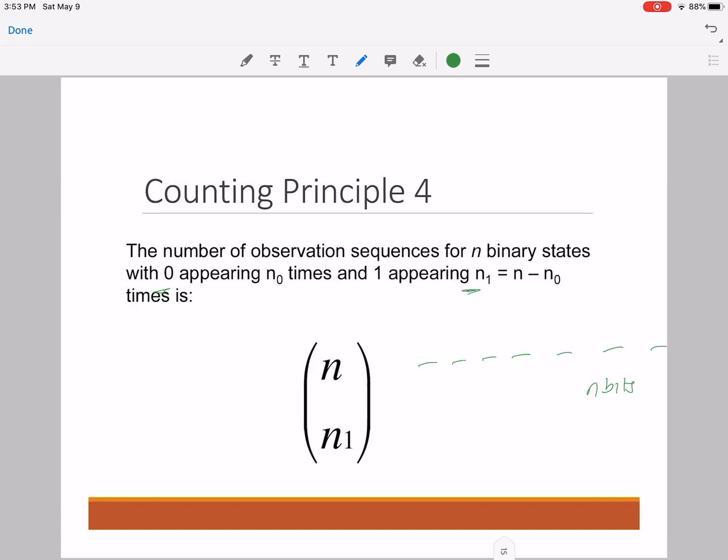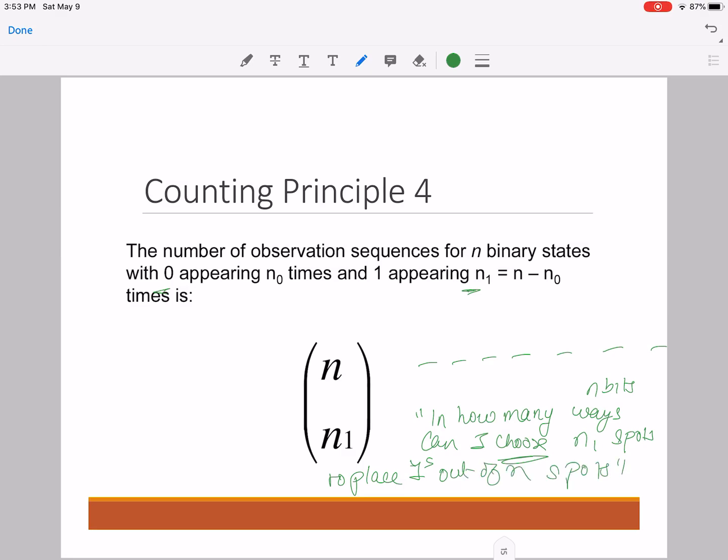It can be answered by asking ourselves: in how many ways can I choose n1 spots to place ones out of n spots? And that answer is n choose n1.